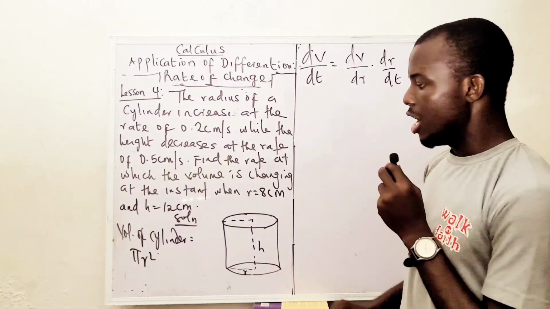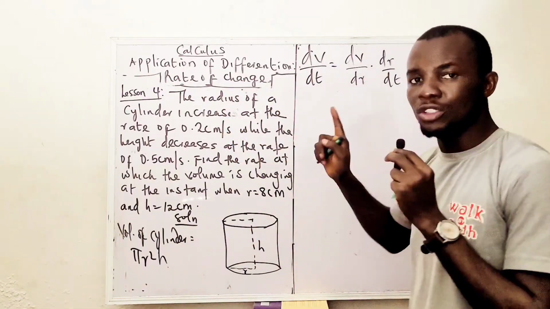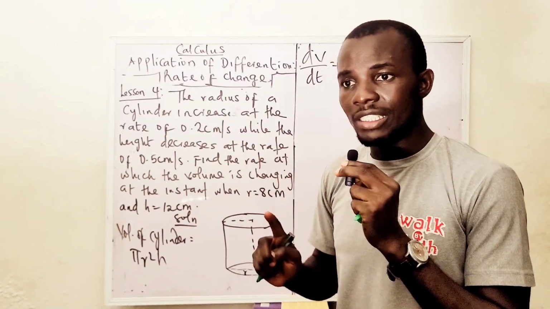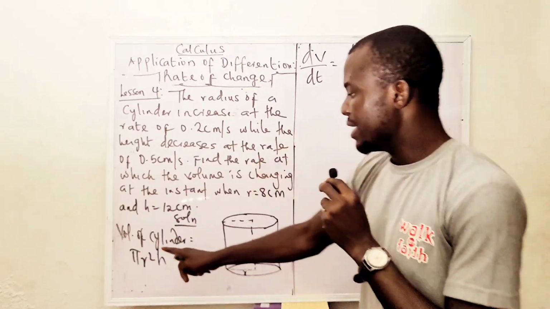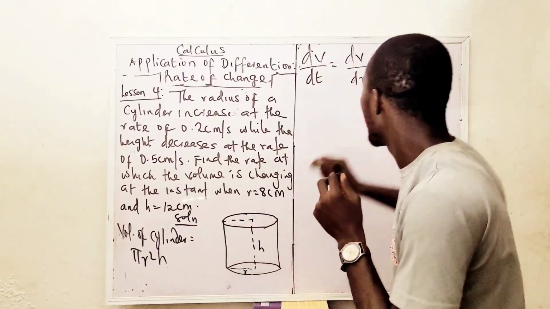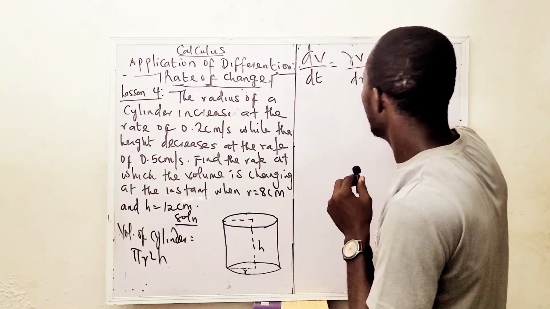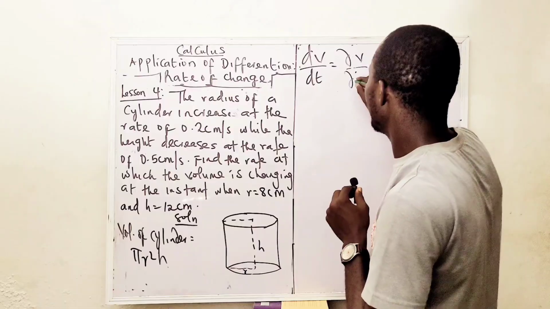Of course, yes. But then there is h, which means that remember the principle for applying partial derivative is that you have two or more independent variables. And here we have two independent variables. Hence, this is going to change to the partial of V over the partial of r.